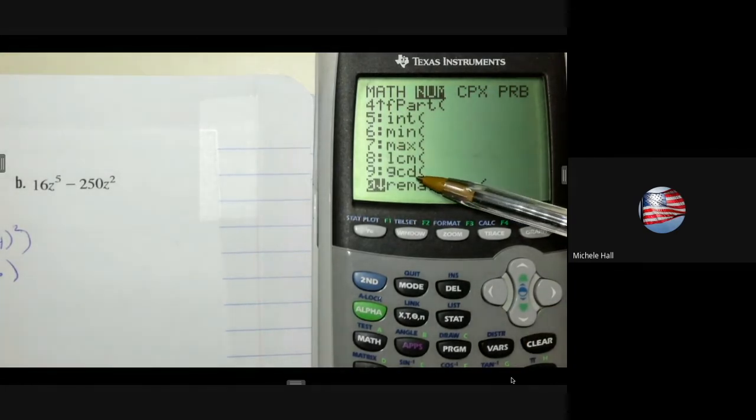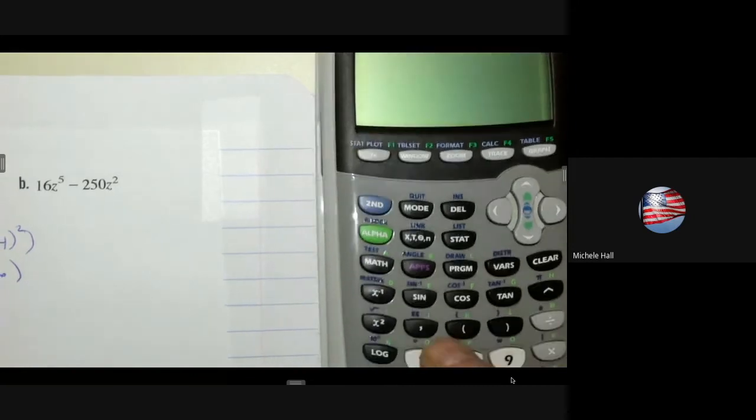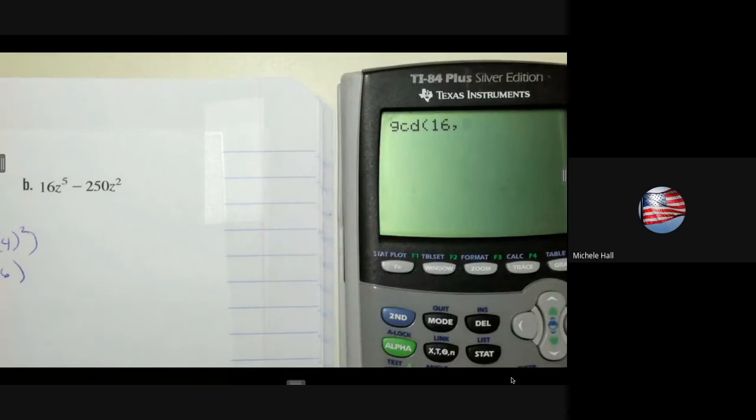We have greatest common denominator. So we're looking for the greatest common factor. If I hit number 9, and then the 2 numbers that I'm using is 16, comma, here's your comma button next to your parentheses. So comma 250, close your parenthesis, equals 2 is the common factor.